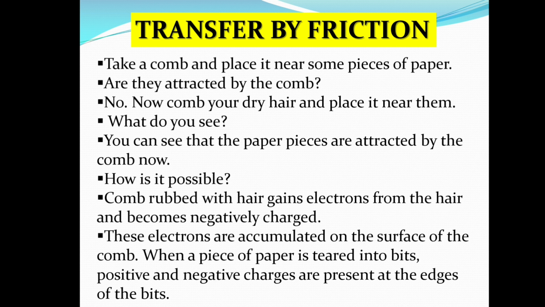How is it possible? A comb rubbed with hair gains electrons from the hair and becomes negatively charged. We saw that when a substance gains electrons, it becomes negatively charged. So the comb is negatively charged, and these electrons are accumulated on the surface of the comb.